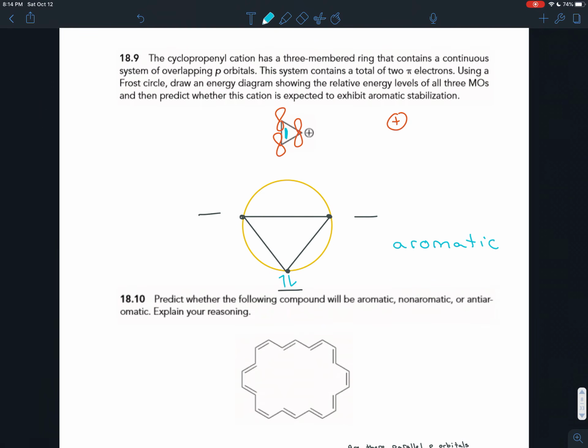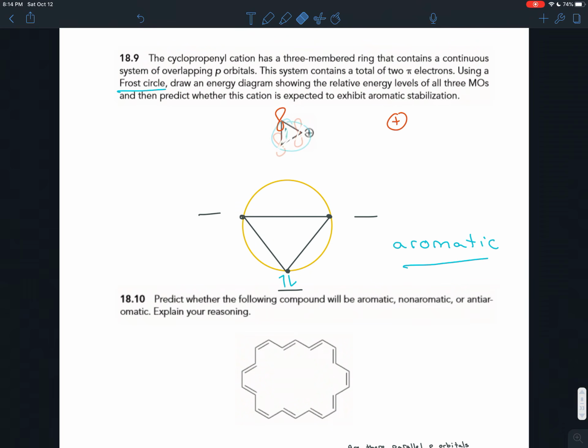So in this example, we drew a frost circle, that's this yellow circle, with the shape of the molecule inscribed in it, where each of the points that hit the circle represent a molecular orbital with a certain amount of energy. And we filled in the electrons in p orbitals in the molecule. And we used that to determine whether the molecule as a whole was really stable, aromatic, or really unstable, anti-aromatic.